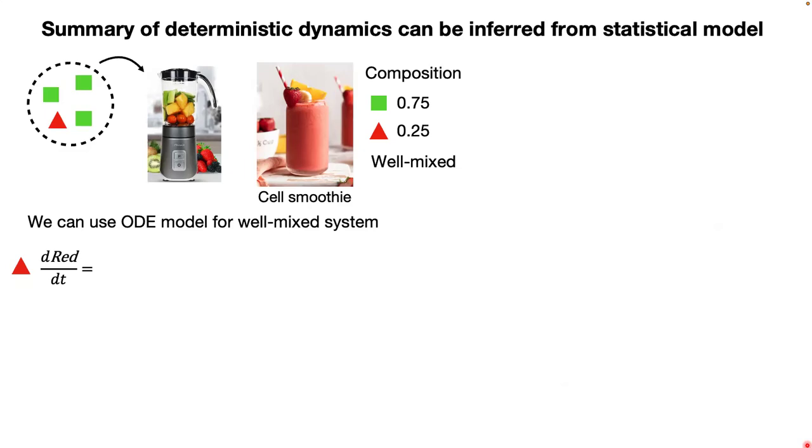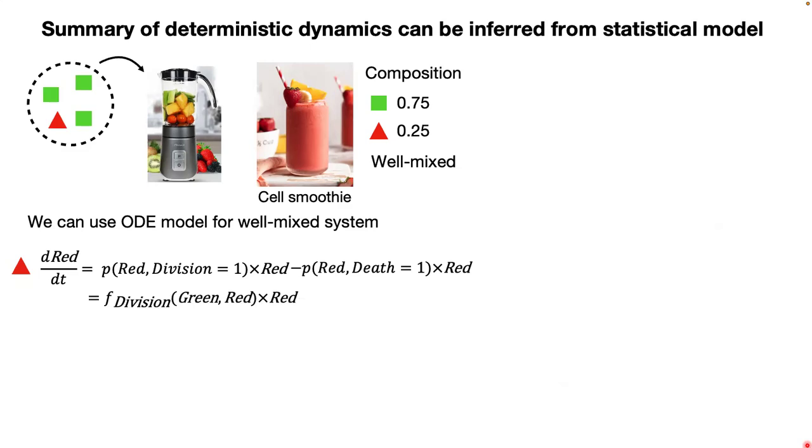So you can write down the ODE model for the red cell, where the rate is replaced with the probability we just computed in the previous slide, and also the probability of death. Again, it is in fact a function of the composition, green or red, but in this case, because they are in a well mixed condition, you can just put these values here.